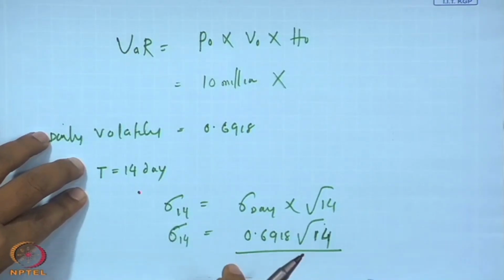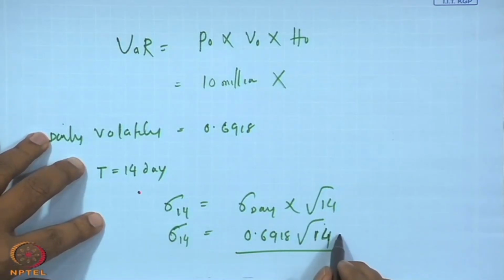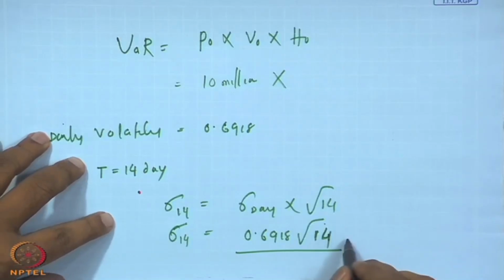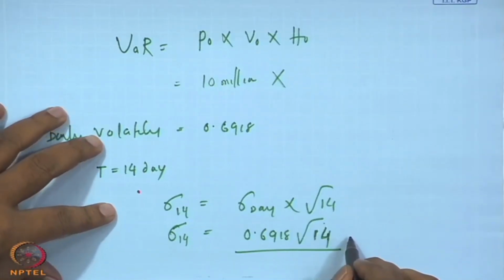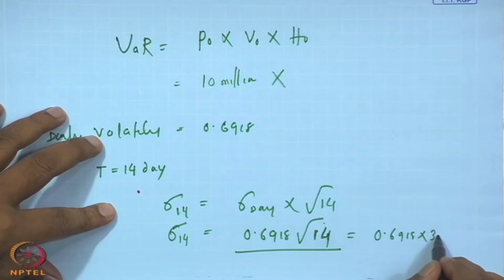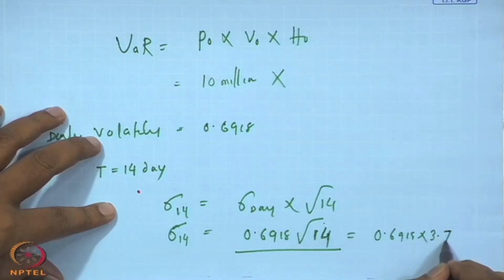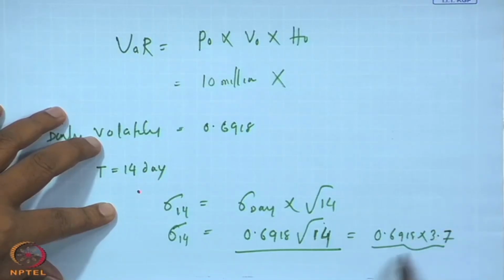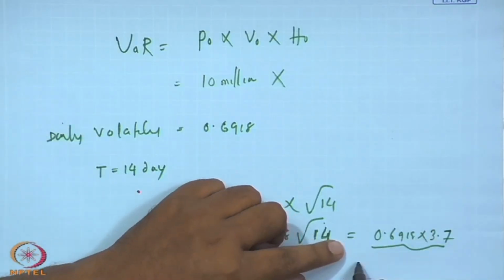So, how could you do it? Root over 14 days, around 3.7 something will come. So, if you multiply 0.6918 into 3.7, then it will give you the 14 days volatility.